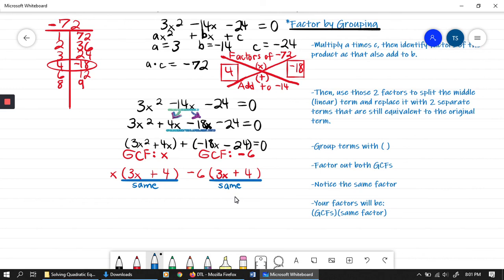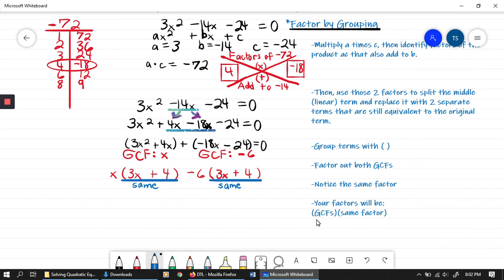When we write out our two final factors, one of the factors is going to be that same factor. The other factor is going to come from the two GCFs. We're going to take those two GCFs, the x and the negative 6, and it's going to look like x minus 6.